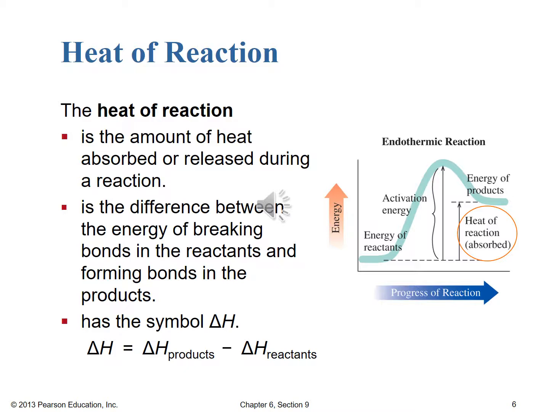We use the symbol delta H, that's the capital Greek letter delta, and delta H is equal to the heat of the products, the enthalpy, if you want to get a really technical term, of the products, minus the sum of the heat of all the reactants. And so we're looking at really all those bonds and the bond breaking and bond making, and we see, do we end up with something that is overall a release of energy from reactants to products, or an absorption of energy from reactants to products?